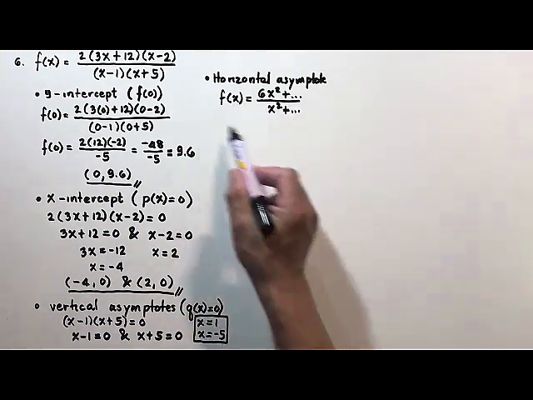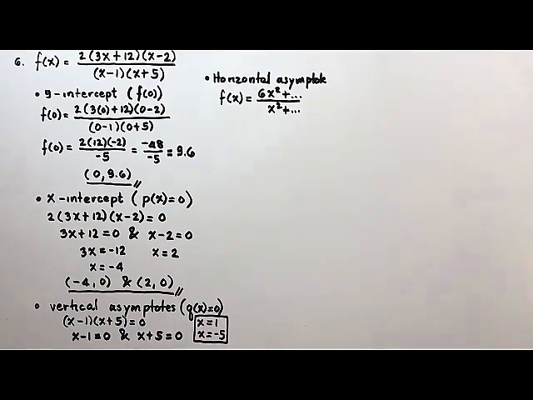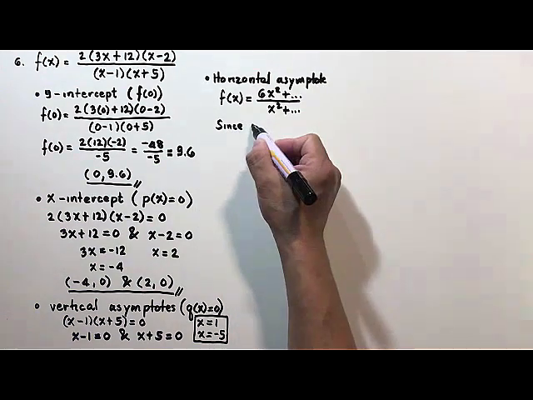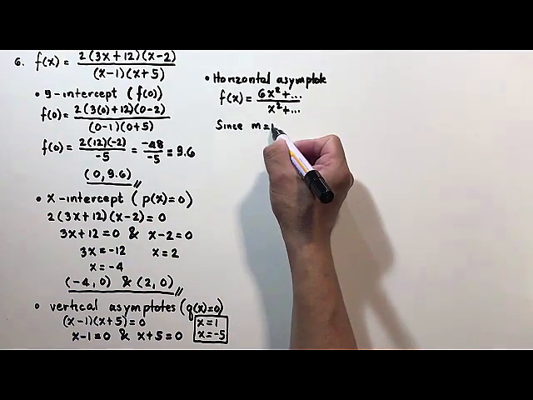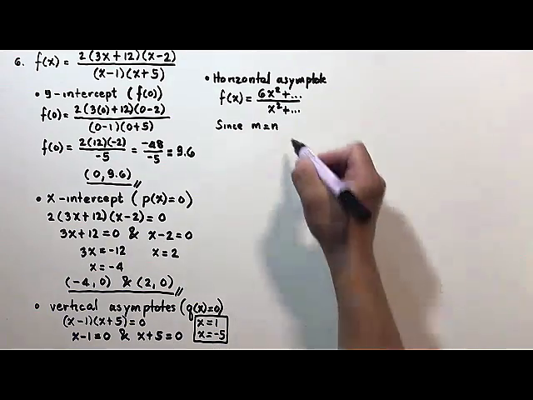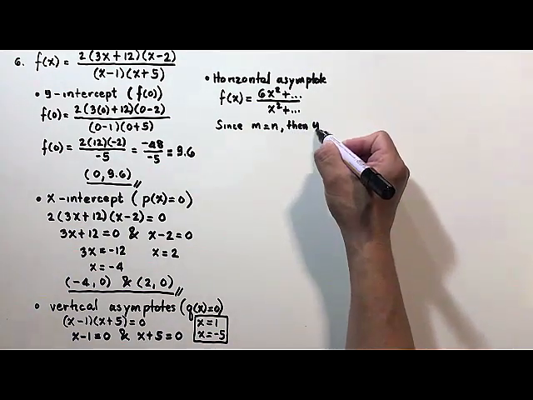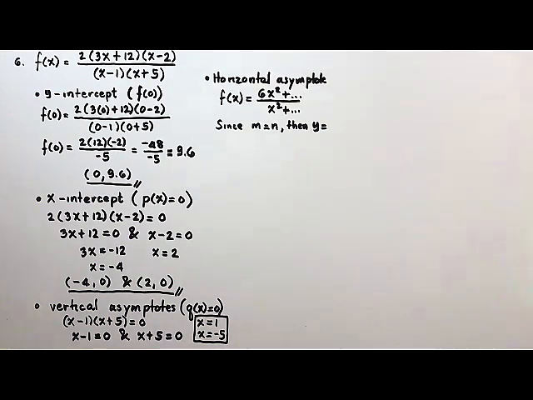Looking at this function, the degrees of the numerator and the denominator are equal. So we say that since the degree of the numerator and the degree of the denominator are equal, our horizontal asymptote is the quotient of their leading coefficients.